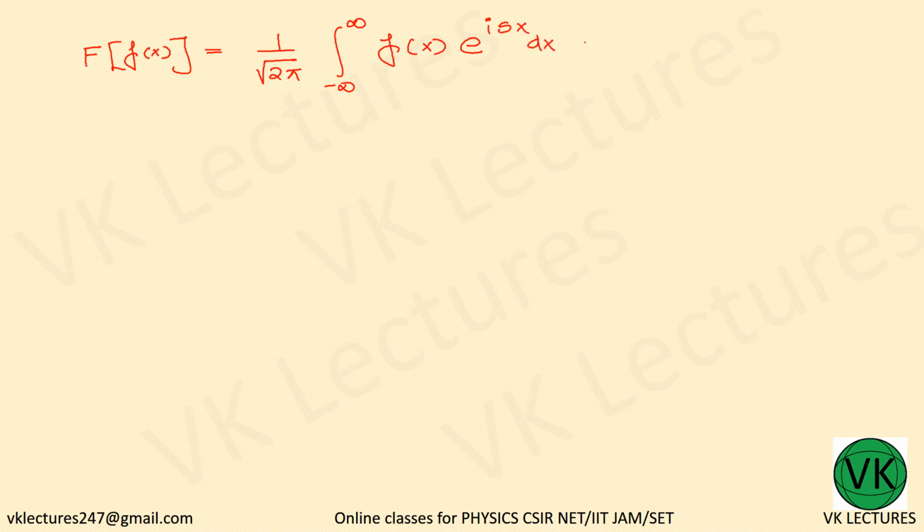Now by doing that we are finding out f of s, which is the Fourier transform of f of x, and we are moving from x domain to s domain, or you can also write the x space, the space which is for x, the position, to some other quantity s space.